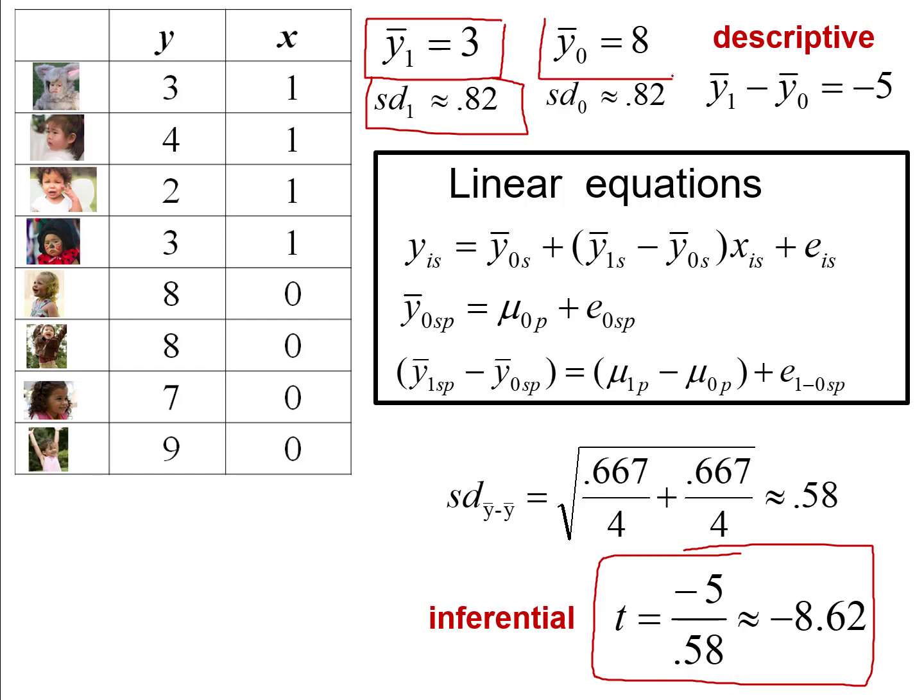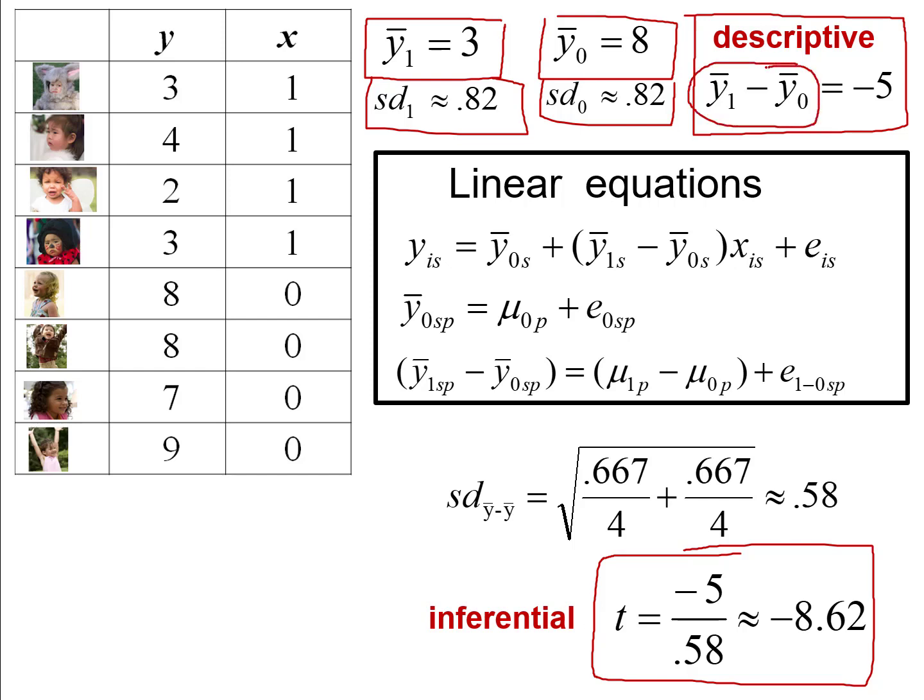The mean happiness score for the control group was 8, and their standard deviation was 0.82. Then the key descriptive statistic, the key parameter estimate that we wanted to know in the study, was the difference between the 2 means, y bar 1 minus y bar 0. And that difference was -5. Our treatment group was 5 points below our control group.